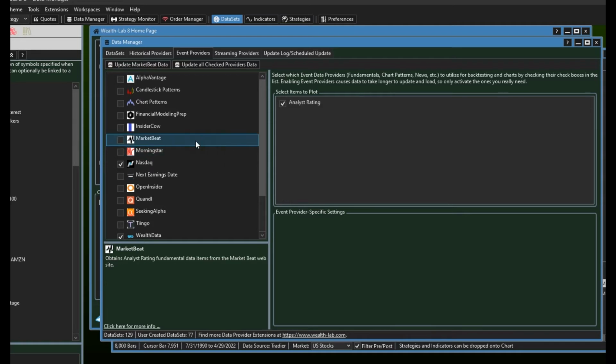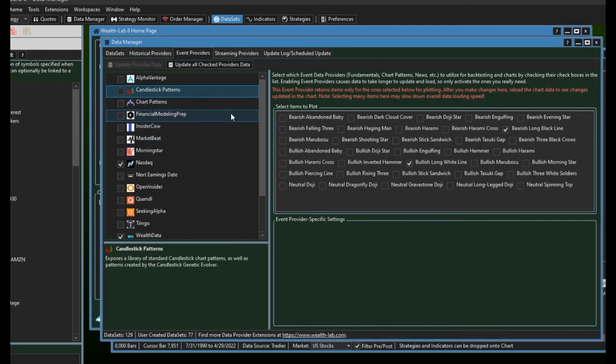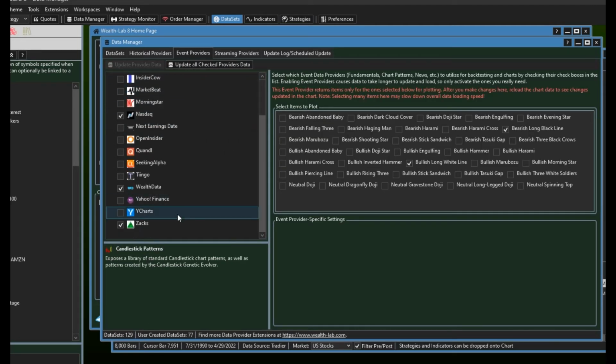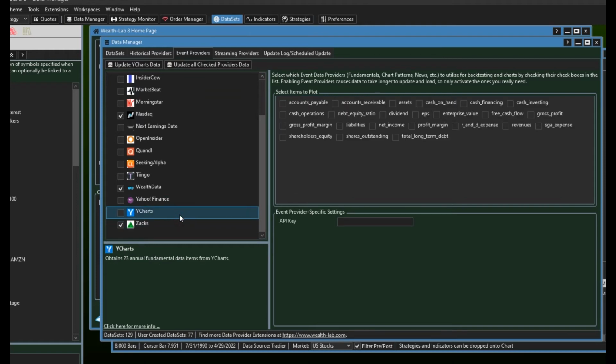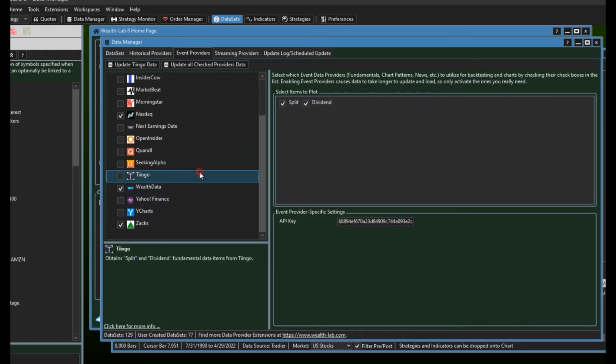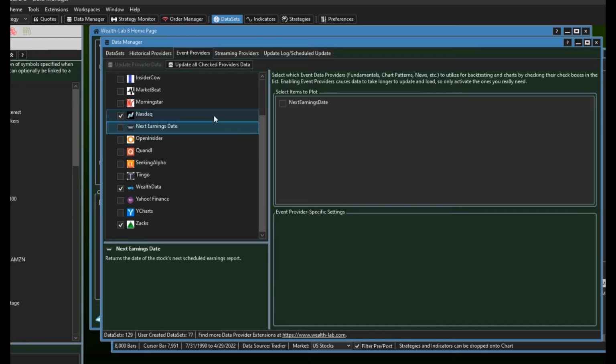Let's see which one does that. I'm going through my fundamental items here. Let's see. The Y Charts provider has shares outstanding. Anyone else? IQFeed also gives you shares outstanding for the most recent quarter.